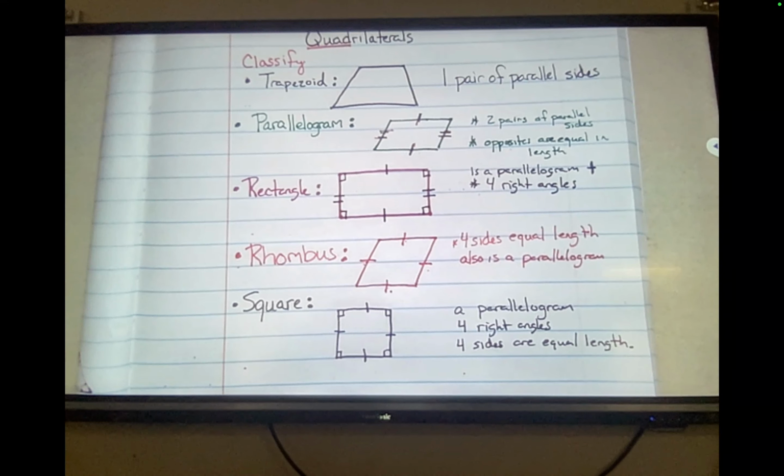And for the longest time, I would just tell my students this, and we would just go over it. And then we would get to a point where we were trying to classify, and I couldn't understand why my students were having such a hard time classifying, because I'm like, it's pretty simple.